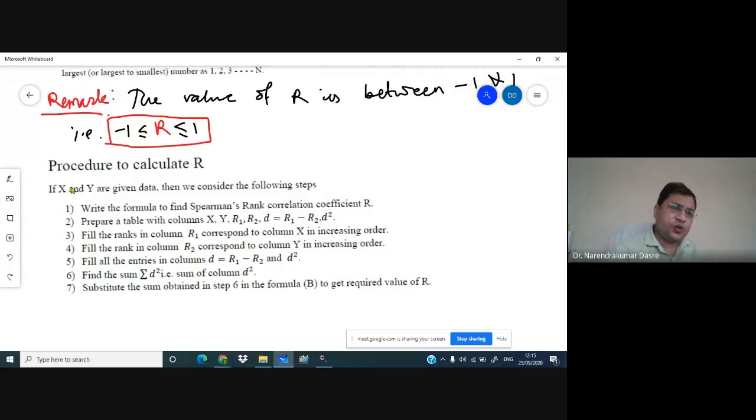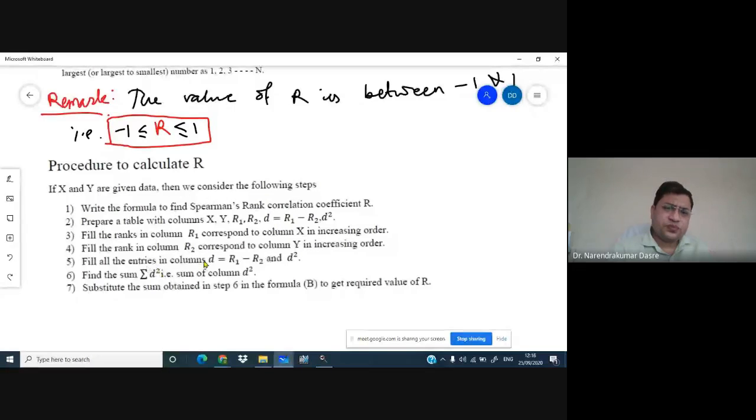Okay, so what we have to do is we are given the x data and y data. Then we write the formula to find the Spearman's rank correlation coefficient. Then we prepare the table with x, y, R1 and R2, or we can say this is the rank of x and this is the rank of y. And then we calculate the differences between two ranks, and then we calculate the square of these differences.